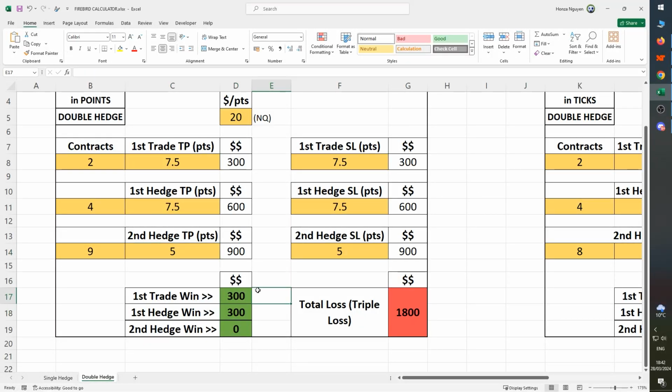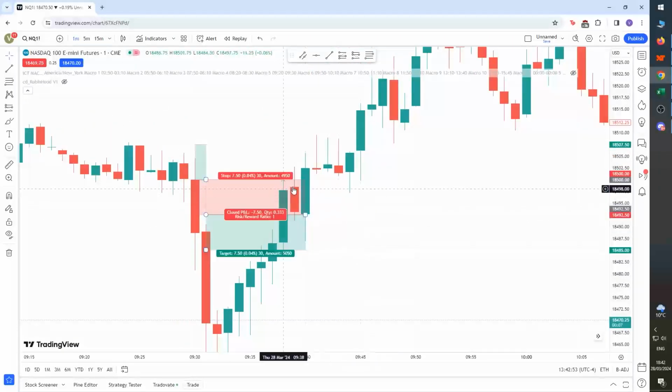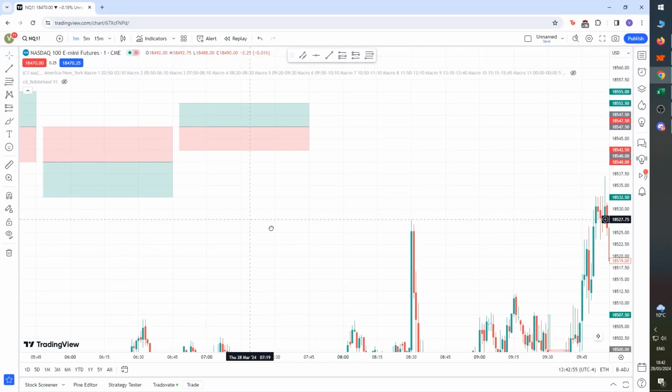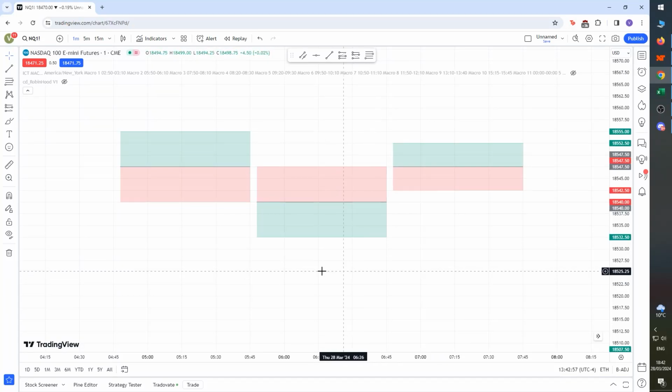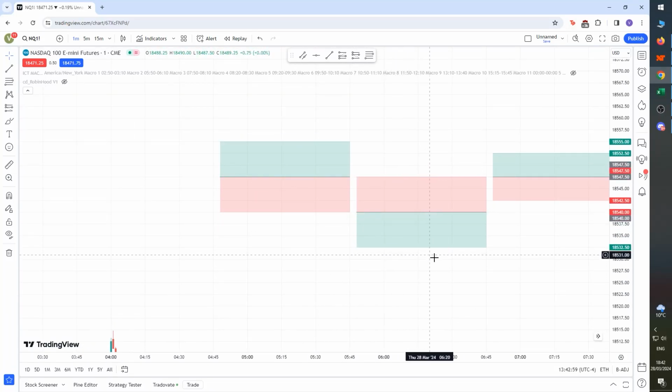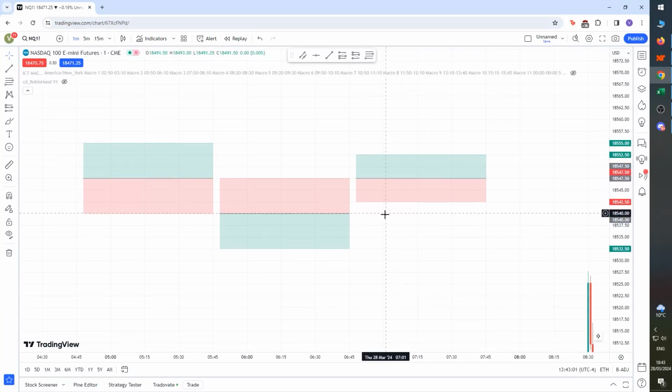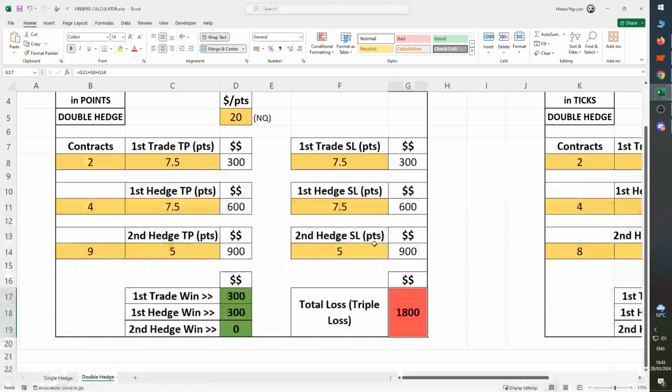The tricky side about these double hedges is the triple losses, right? The price would have to go ping pong mode, go up, down, down, up, down, up, for you to lose this hedge.